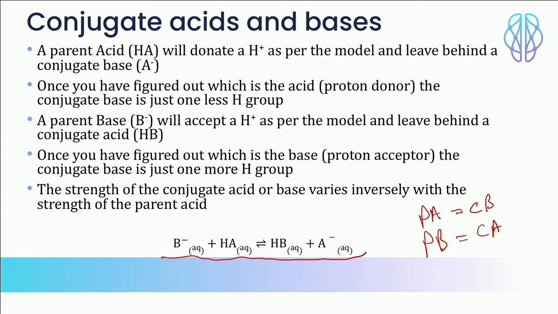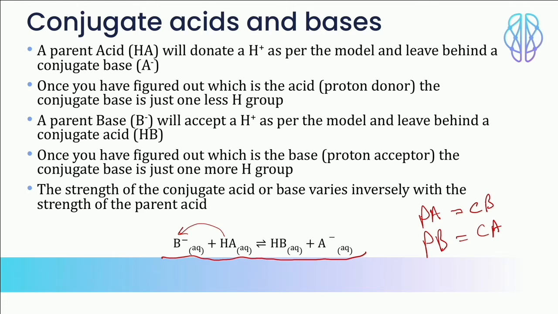So B- plus H+ reacts to form HB plus A-. Don't freak out, these are just hypotheticals, right? So clearly, B- accepts the H and becomes HB. HA donates the H and becomes A-.